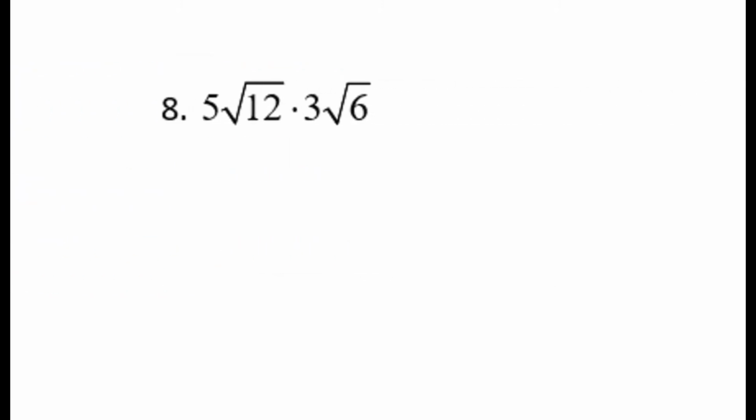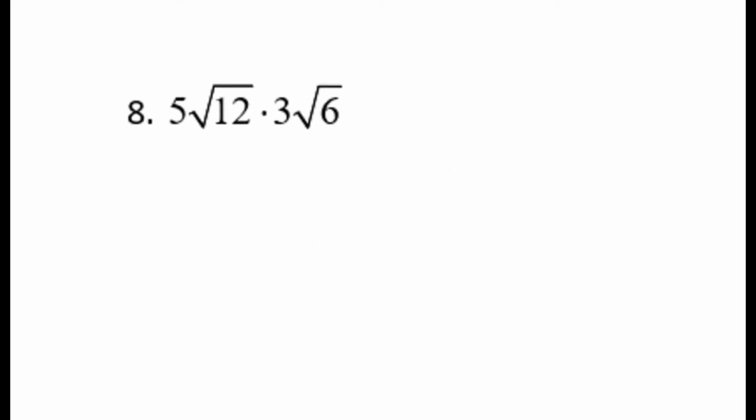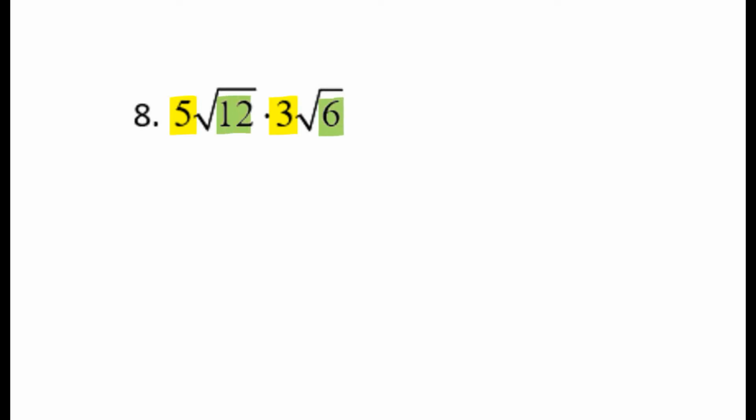All right, and then looking at number 8, our last one before we get to some variations, we want to recall that what's outside the radical symbol would be multiplied together, and then what's underneath the radical can get multiplied.